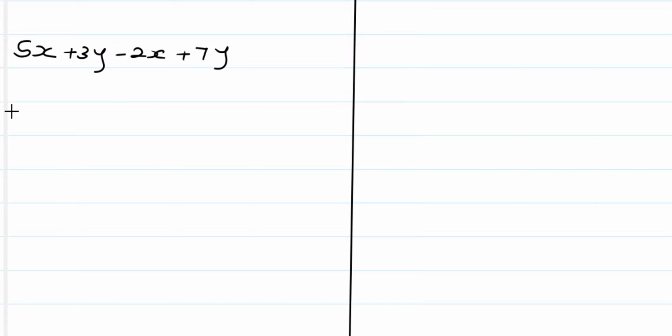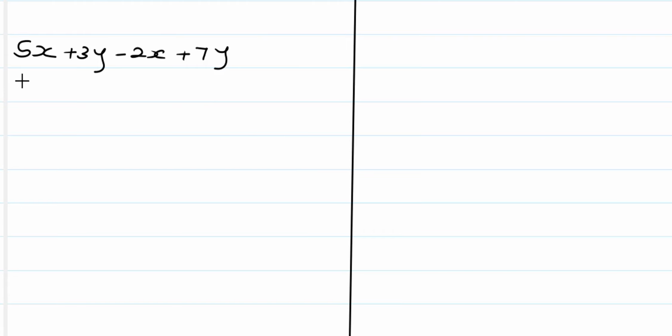The first step is to check how many variables we have here. In our case, we have x and we also have y. So we have two variables. From there, we can combine the x's and we can also combine the y's.